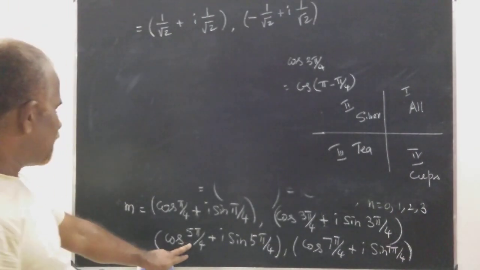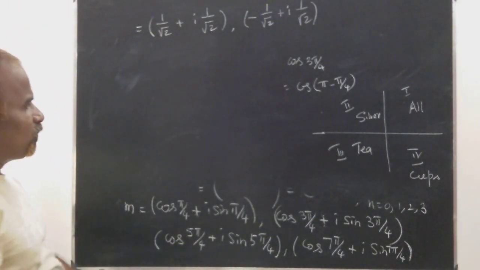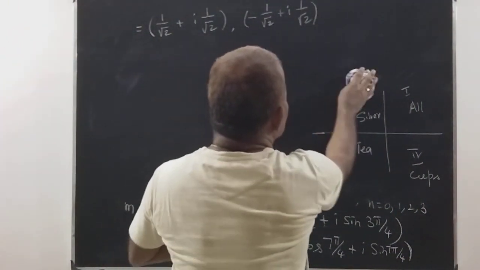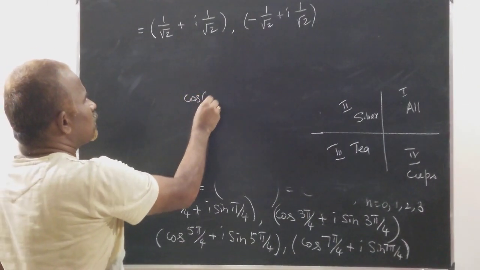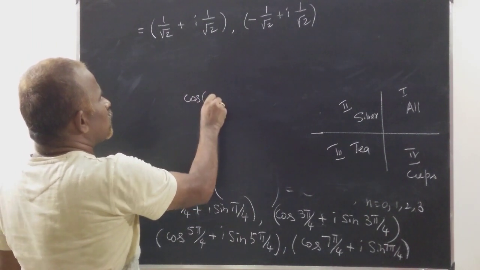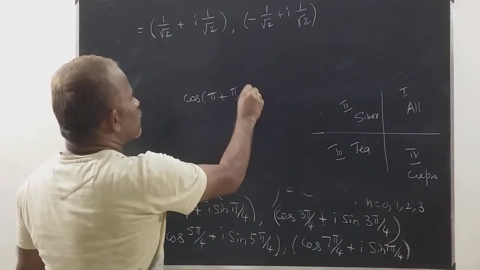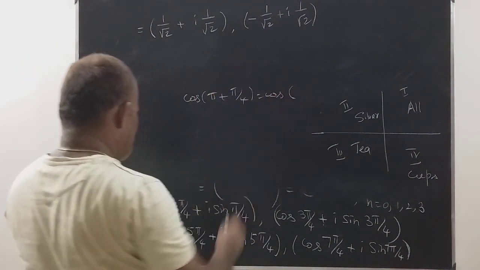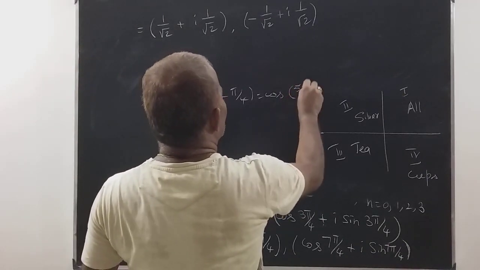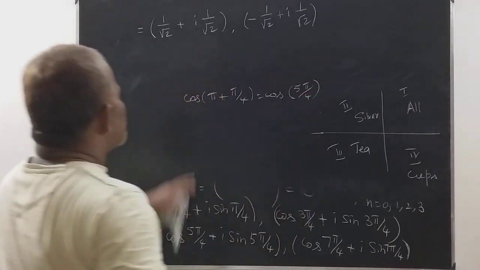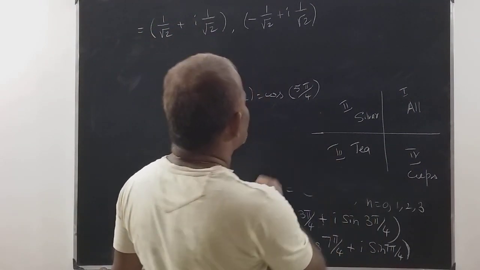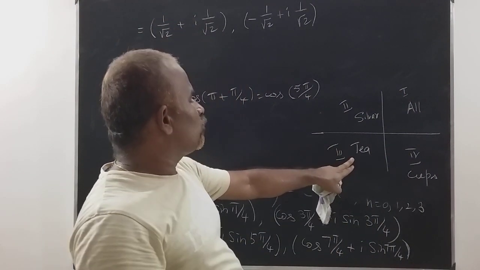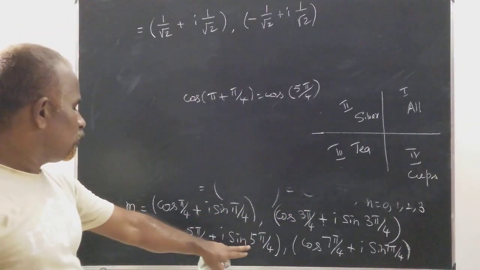So similarly here pi plus pi by 4 is equal to cos 5 pi by 4. Okay. Pi plus pi by 4 comes under the third quadrant, so here tan and cot are only positive, the remaining two are negative.